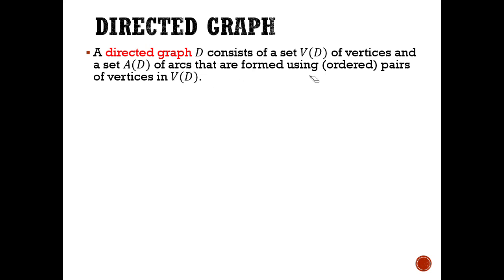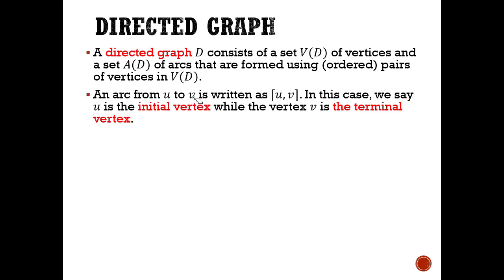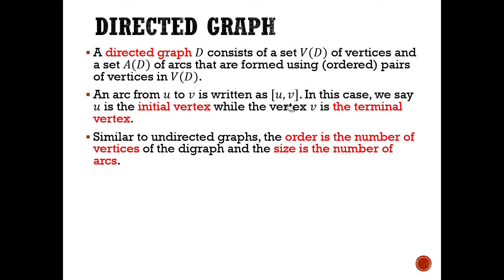They are formed using ordered pairs of vertices in V of D. An arc from U to V, written as bracket UV, and in this case, we call U the initial vertex, so this is the starting vertex, and V is the terminal vertex. So here is an example. Oh, by the way, the notion of order and size is similar to the notion of order and size in undirected graphs.